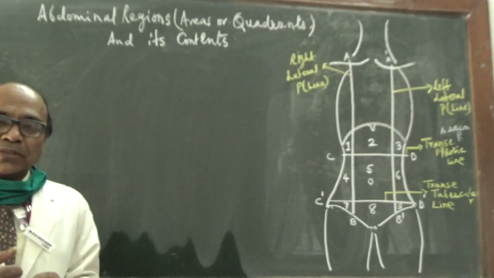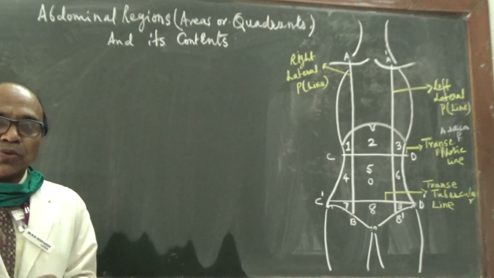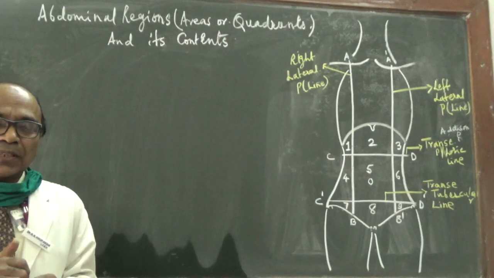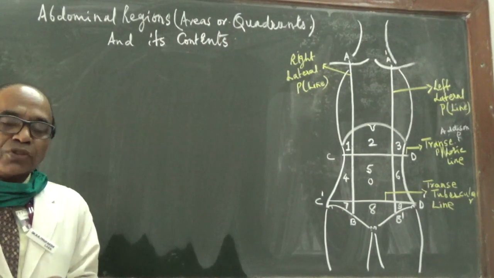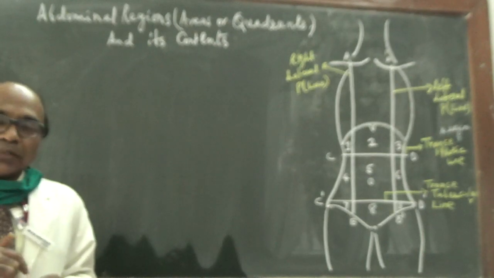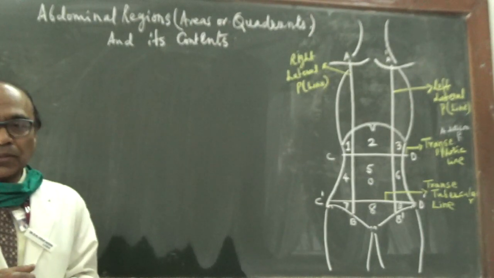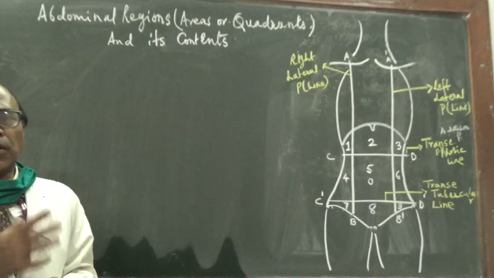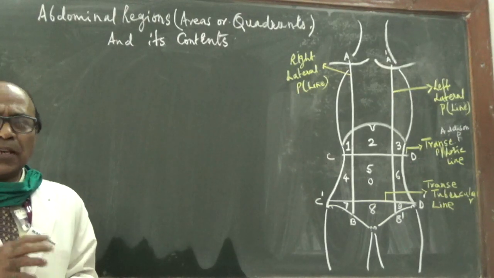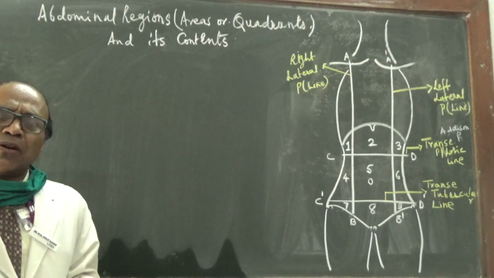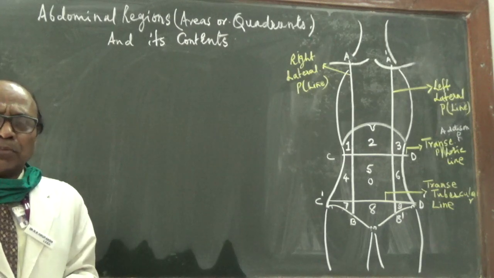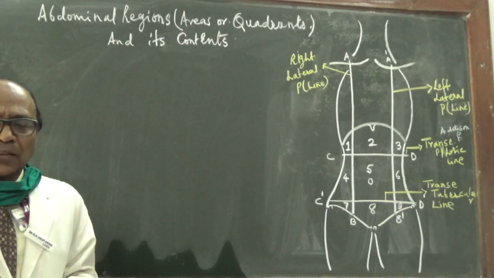So if any patient comes, the doctor will locate the area or areas of the abdomen, or some quadrants of the abdomen, of the pain or type of pain, like that.